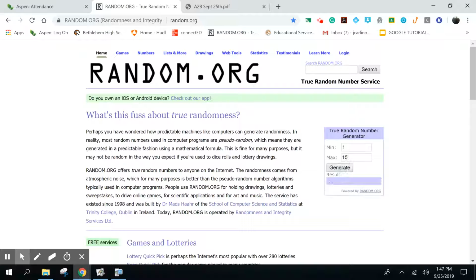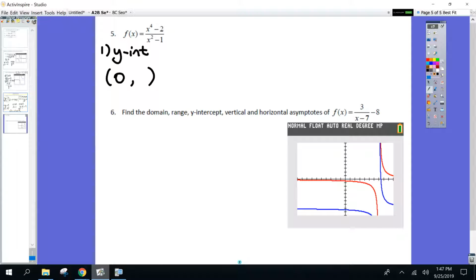What number are you getting? The y-intercept is 0 comma what? Nice job.